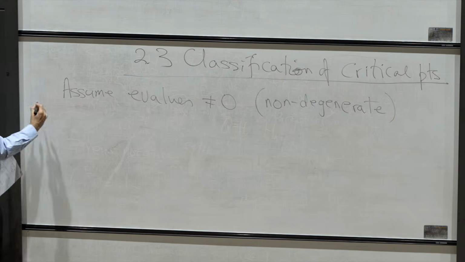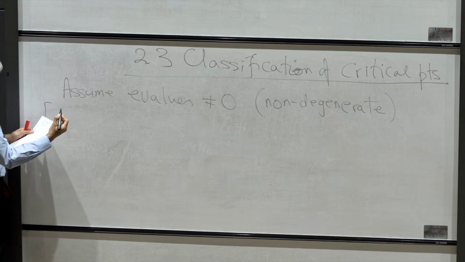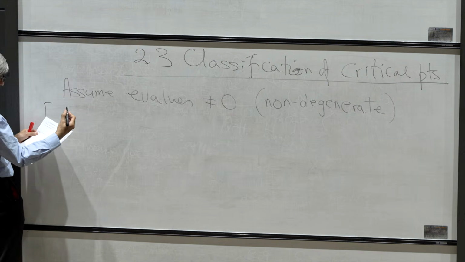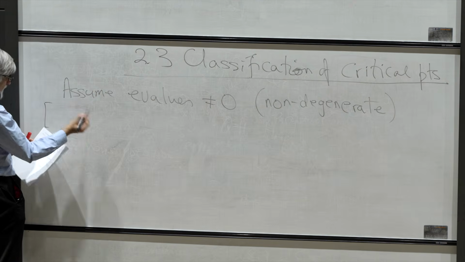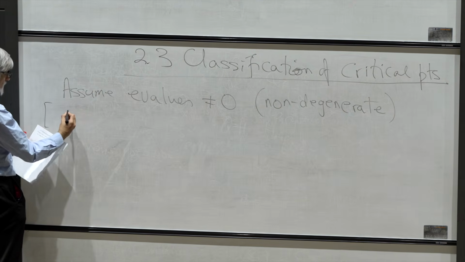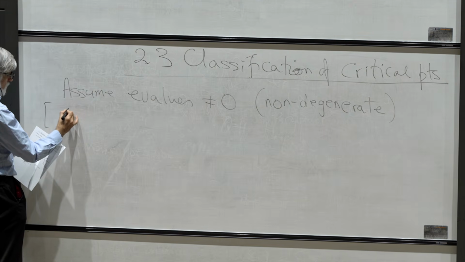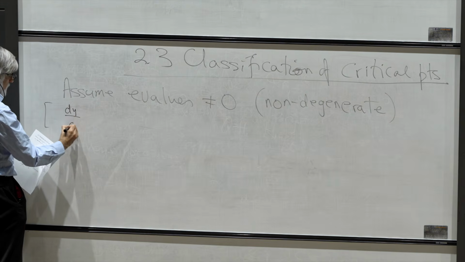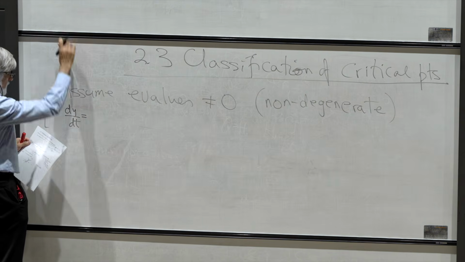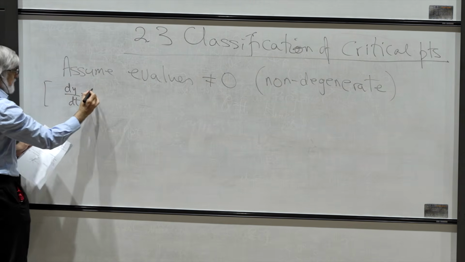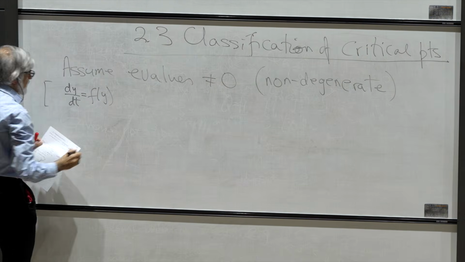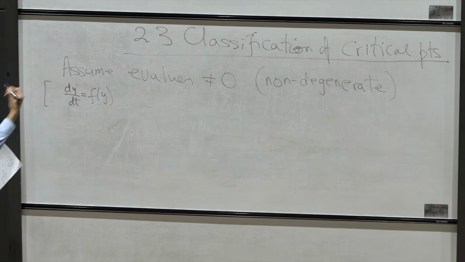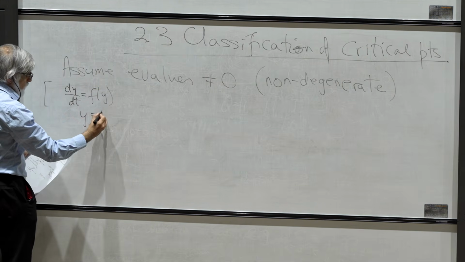Because, for example, just as a simple analogy, say it was just in one variable, and we had dy by dt equals f of y, and then we had a steady state, and then we perturbed.